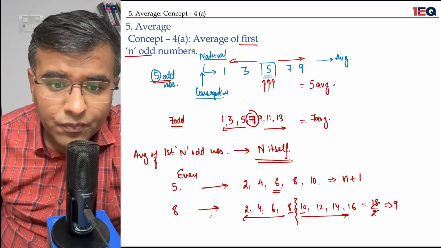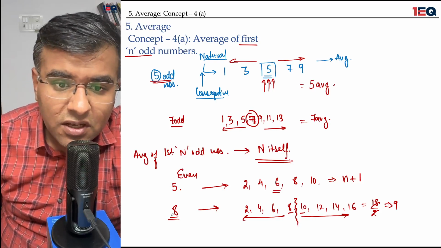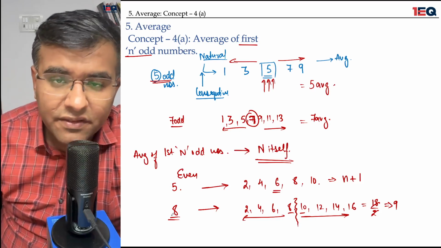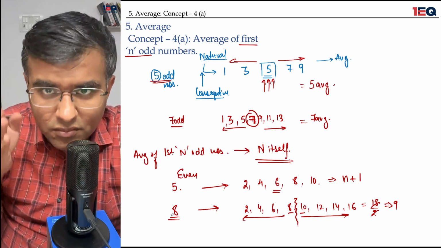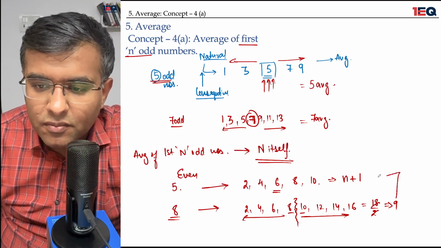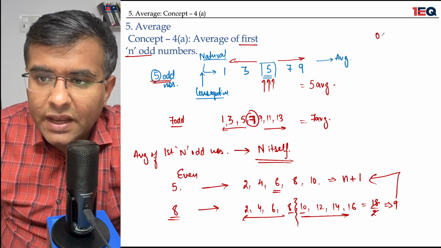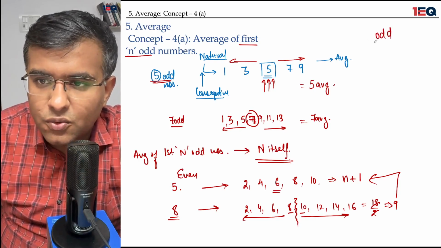Here also, in the case of even numbers which are consecutive in nature and are starting from the smallest even number, which is equal to 2, the average comes out to be n plus 1. So I can easily bring down this conclusion.